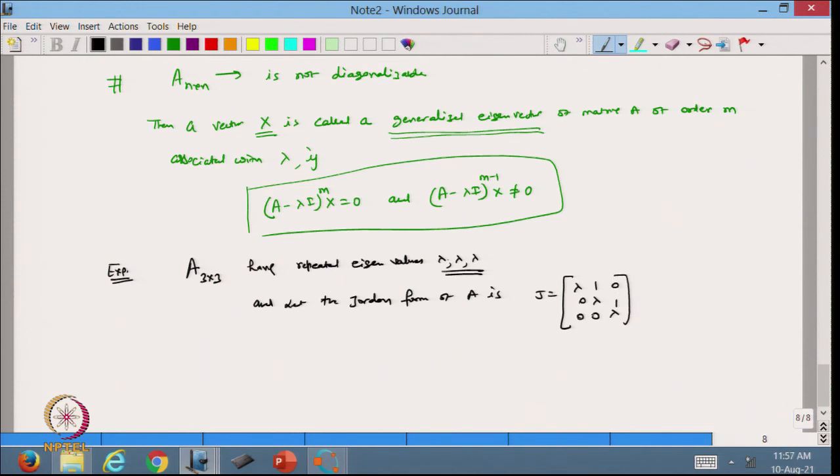So, this is the Jordan form of A given to us. It means only one linearly independent eigenvector.